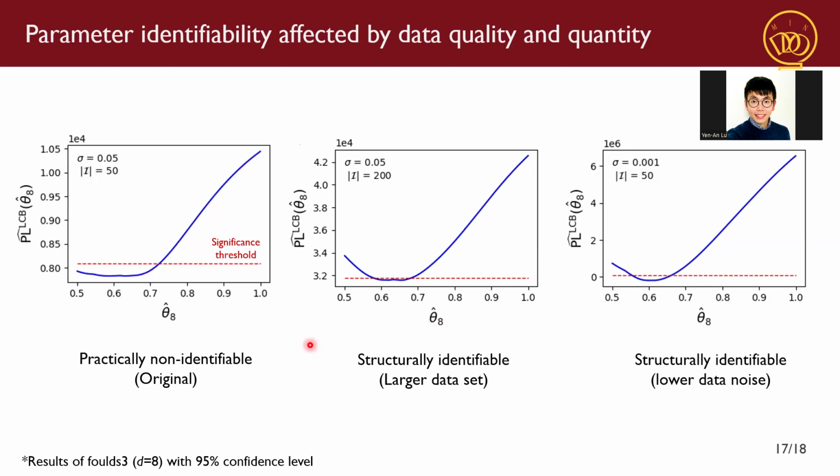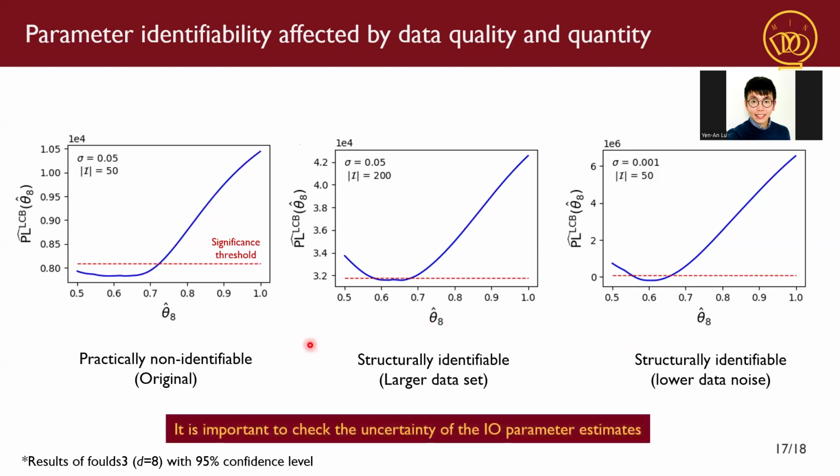At the same time, I also want to highlight that when we solve an inverse optimization problem, we should not only focus on the decision error, but also perform this type of uncertainty quantification to ensure confidence in our final estimated models.